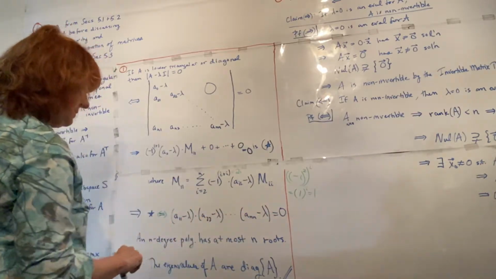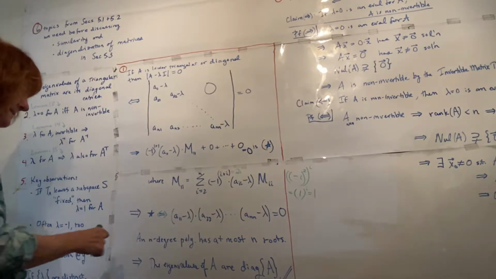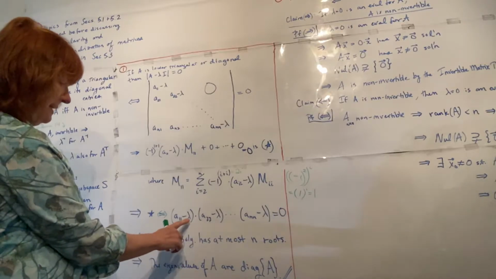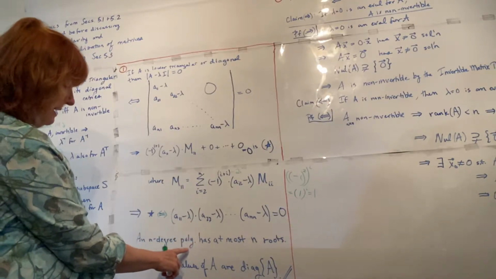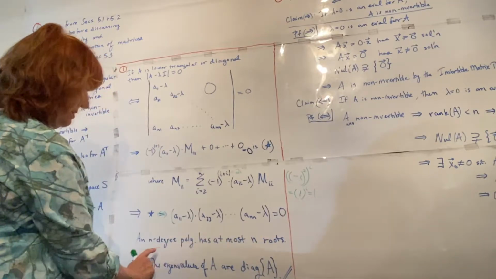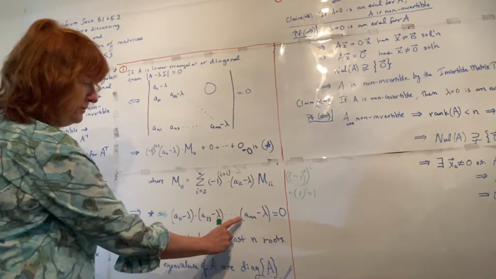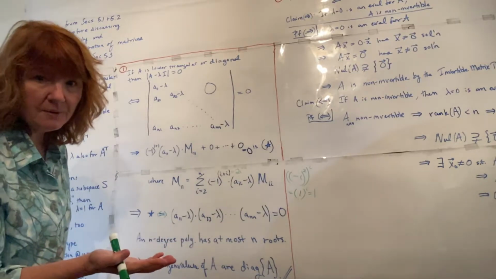All that is equal to 0, that product of those factors. Well, that's an nth degree polynomial in lambda, and from algebra, we know that has at most n roots. We know that n of them are A11, A22 through Ann, so there can't be any more.